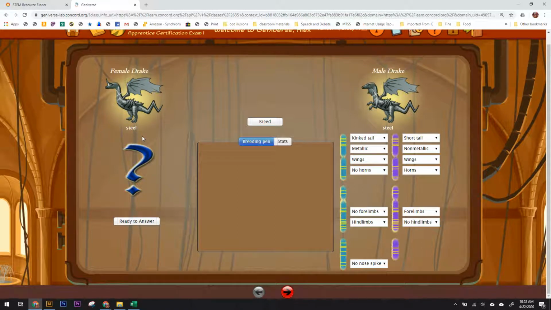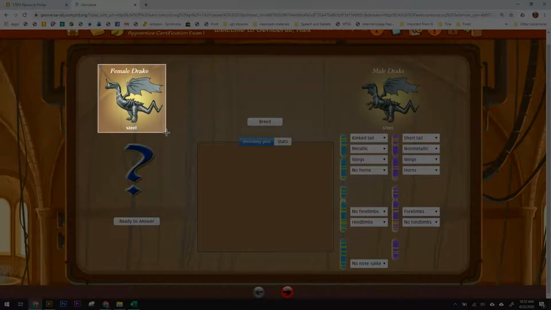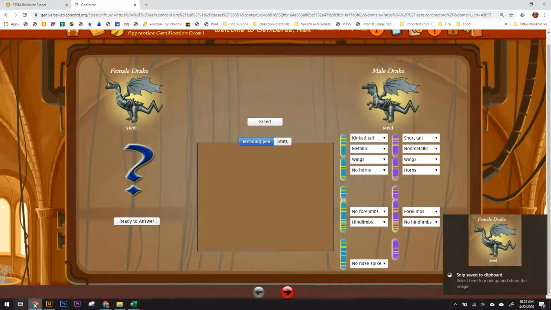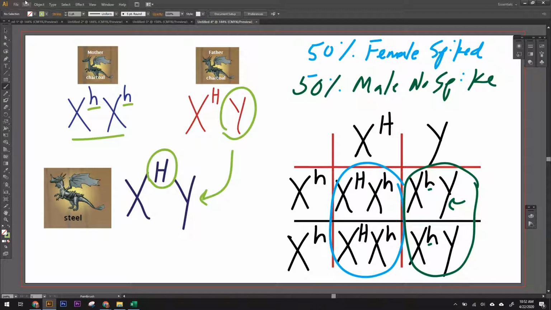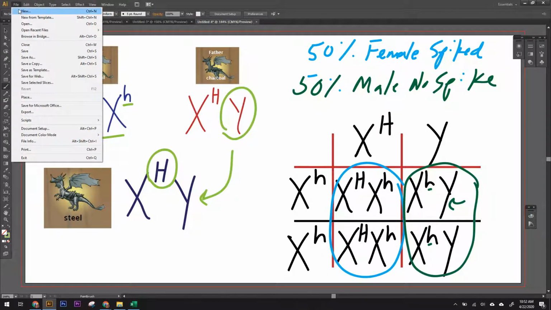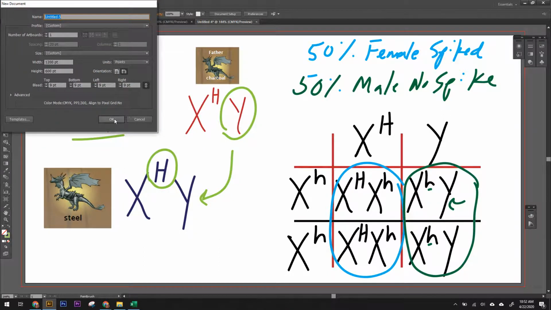Now, what I am going to do is guide you into figuring out what the possible genotypes for this female drake are. So let's drag her over into our workspace and start decoding these 7 alleles.